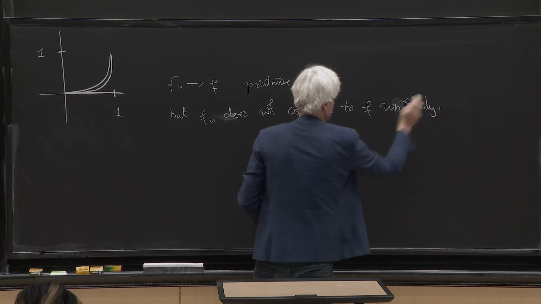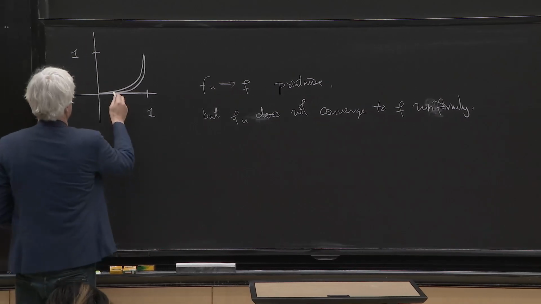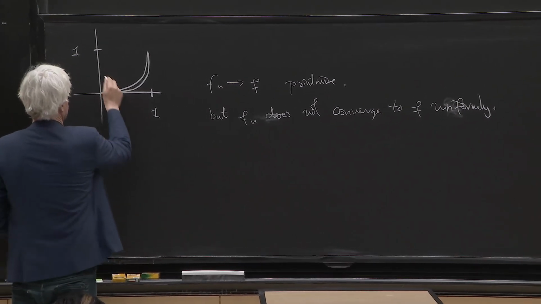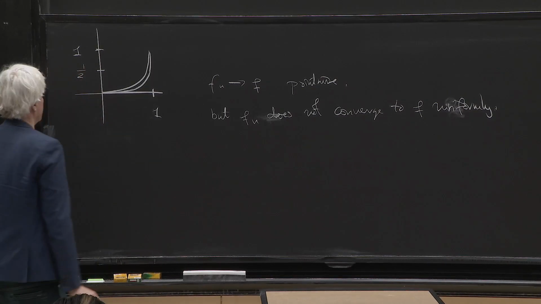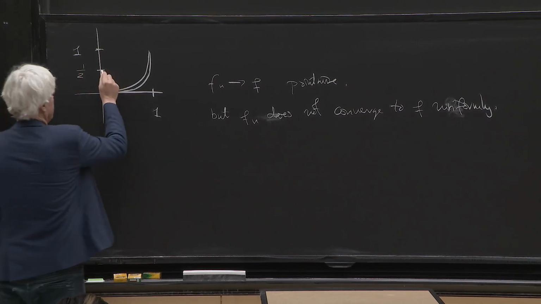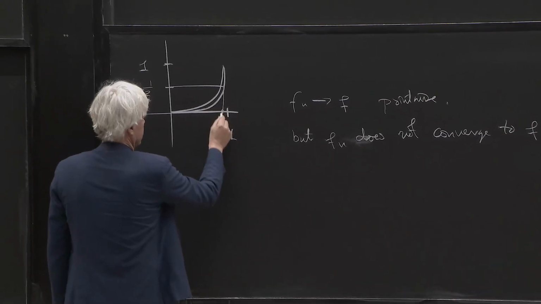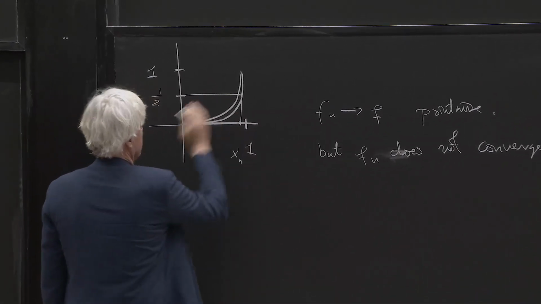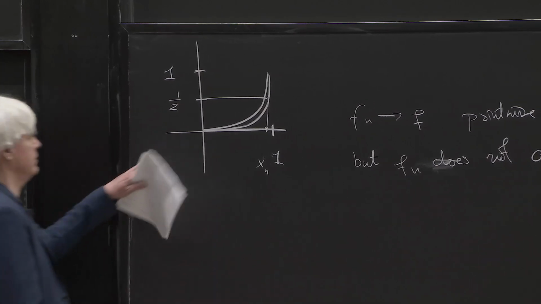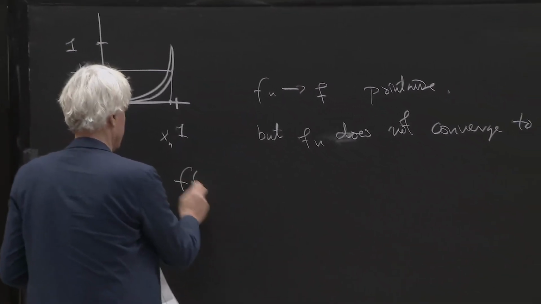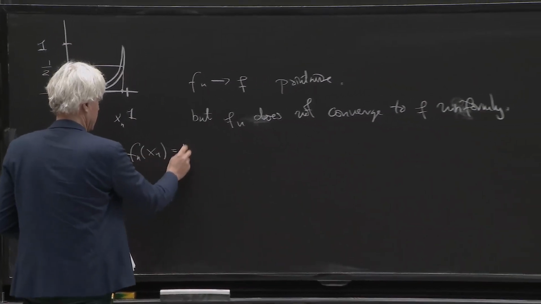And the reason why it didn't converge uniformly was that, by the intermediate value theorem, if we look at a half, then for each function there would be an xn so that the value at xn was a half.